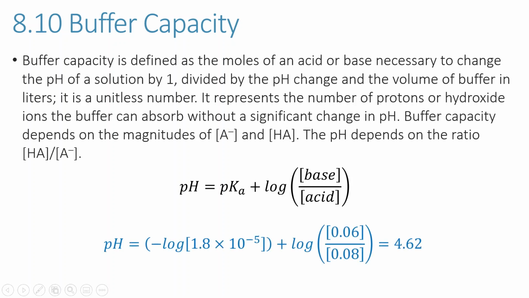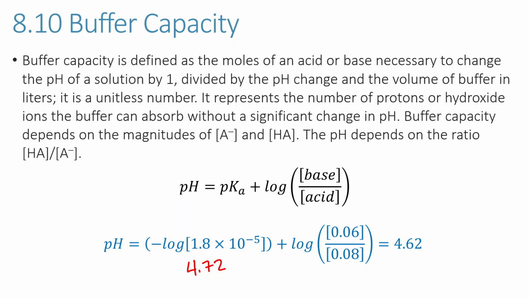And so a good example here, this is a buffer that is made from acetic acid, a weak acid here. So when we do the negative log of this 1.8 times 10 to the negative 5, this gives me a pH of 4.72.